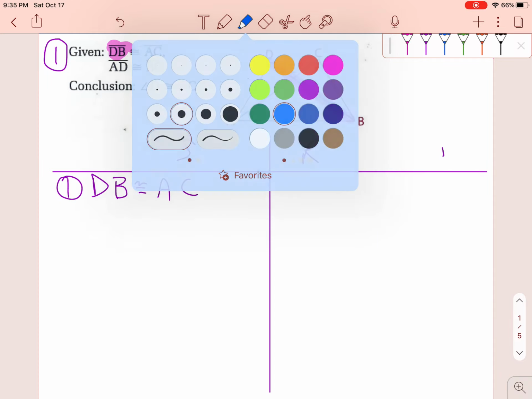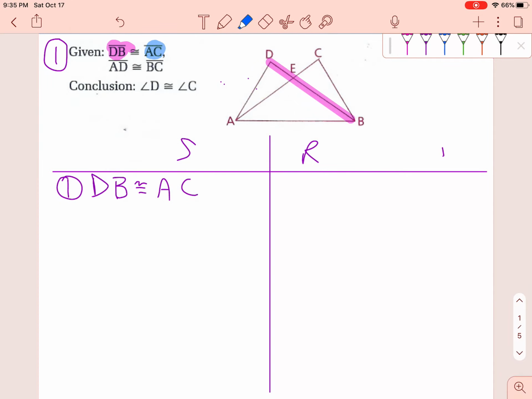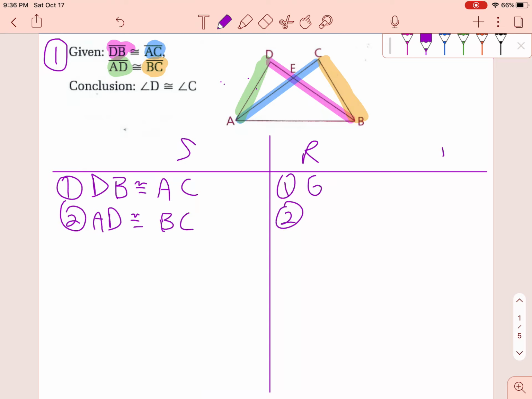I see that DB is a segment in a triangle and AC is a segment in a triangle, so I'm thinking I'm probably going to be using those triangles. Another piece of information is that AD is congruent to BC. Those are both given pieces of information to me.